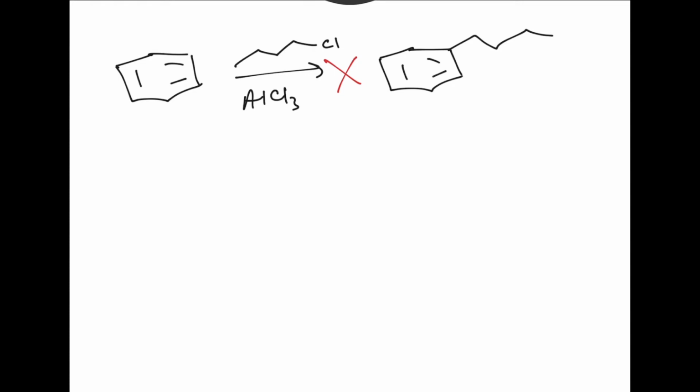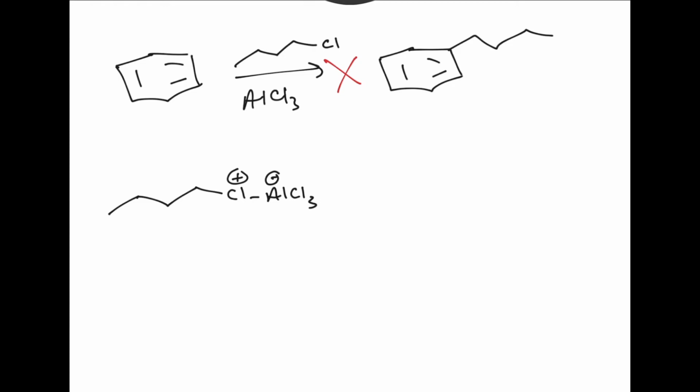What happens instead is you have your chlorine, and your aluminum bonds to it, just like you would expect. Now the aluminum is really tugging on that chlorine and trying to break the carbon-chlorine bond. But that bond can't break because it would make a primary carbocation.